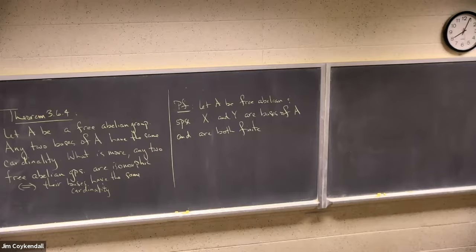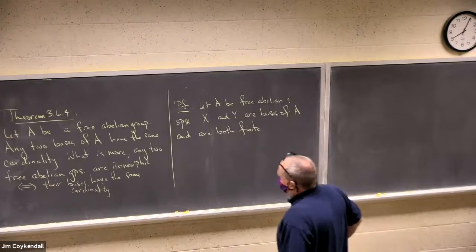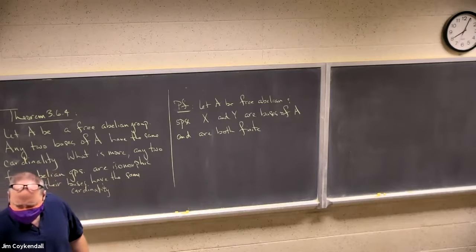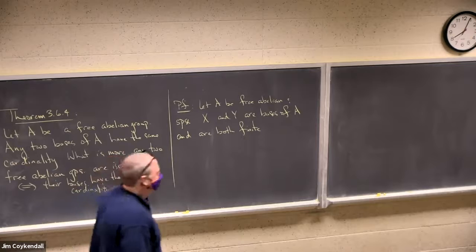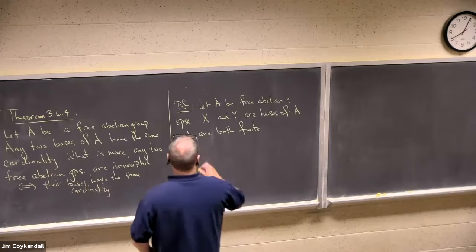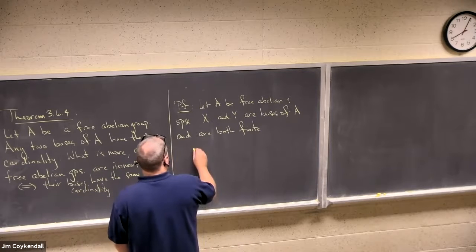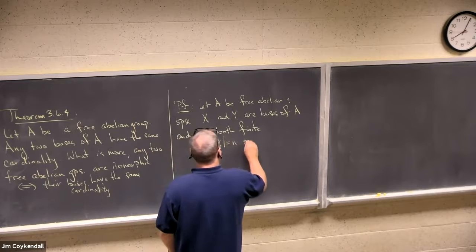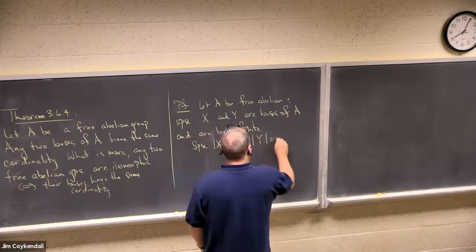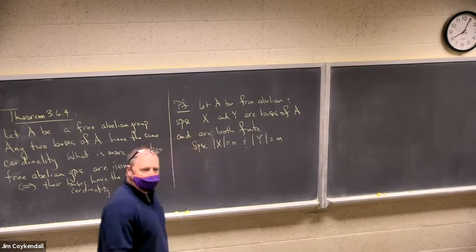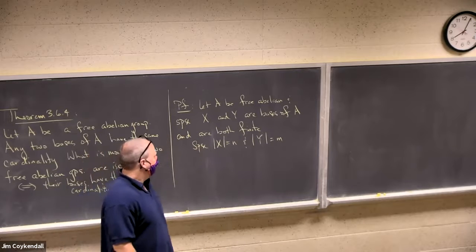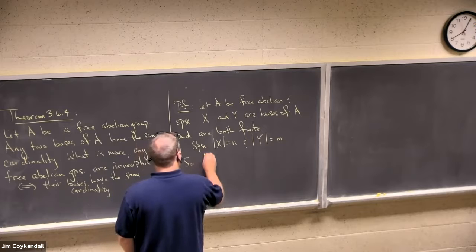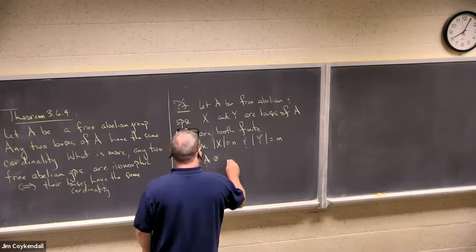And then from there, I'm going to sketch over the last bit, where you have infinite bases. But let's suppose this. Okay, so suppose we have two bases, X and Y of A, one of size n, one of size m.